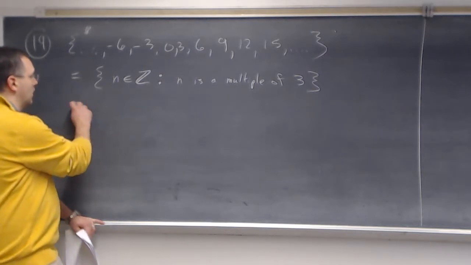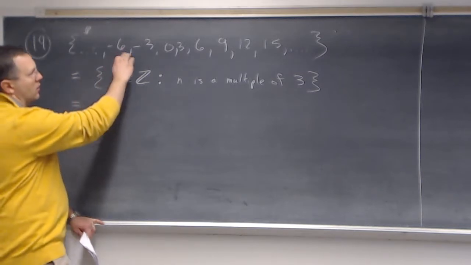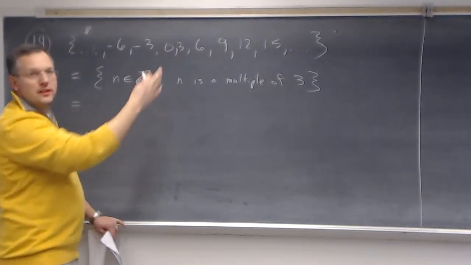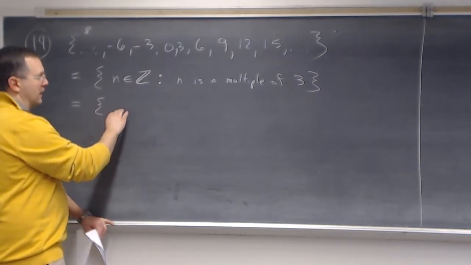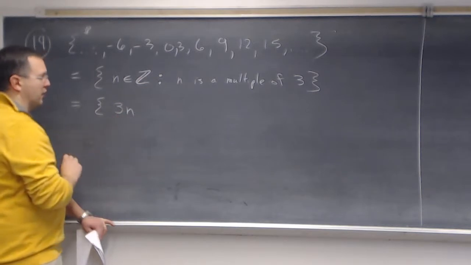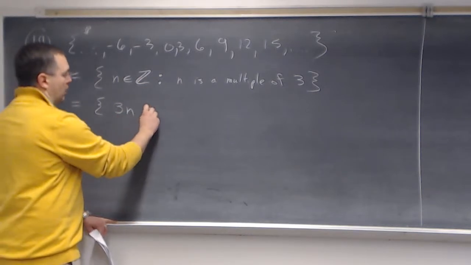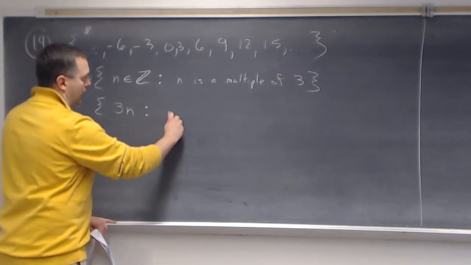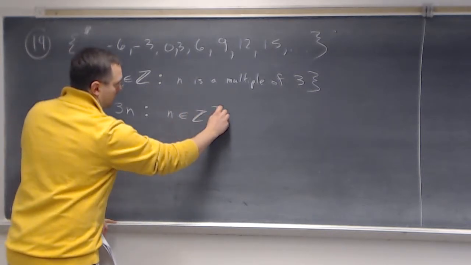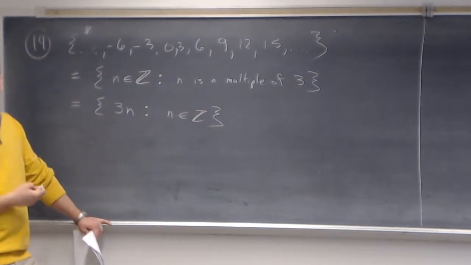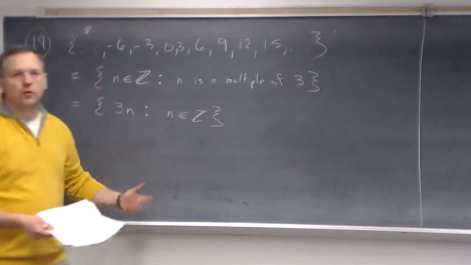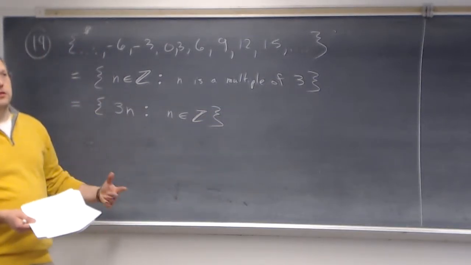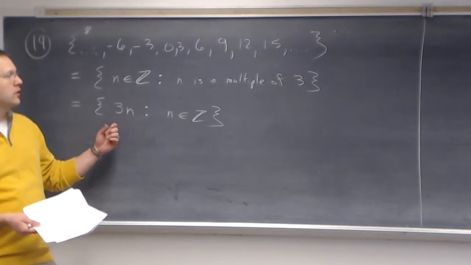Every single thing in here looks like 3 times an integer. So your arbitrary object in here looks like 3n, where n is an integer. It's another way of writing it, but both of them are correct. What does it mean to be a multiple of 3? It means 3 times another integer.